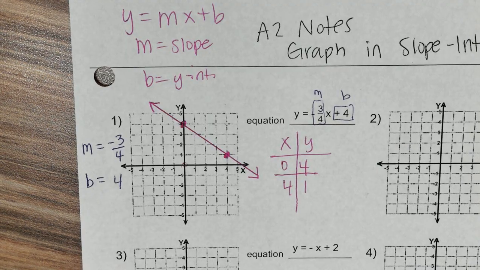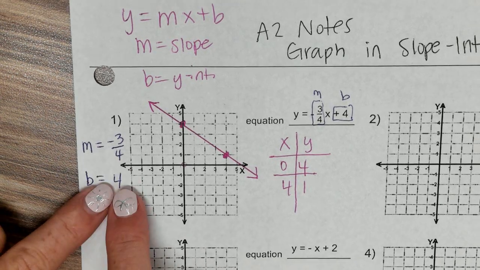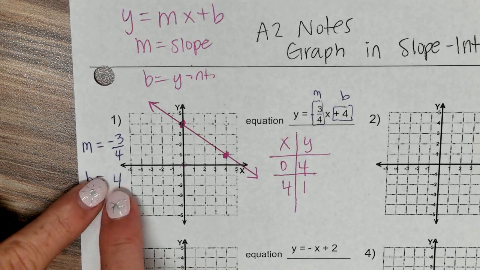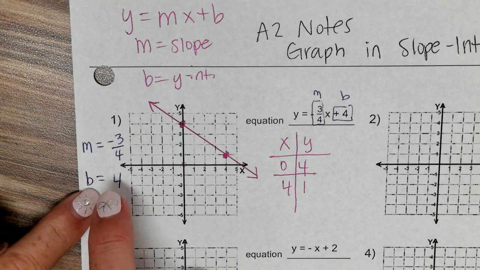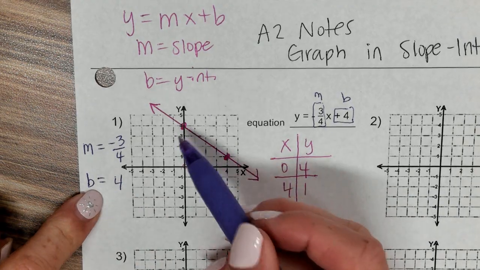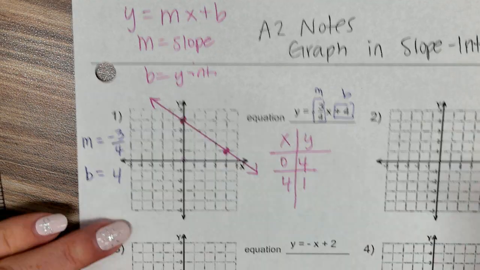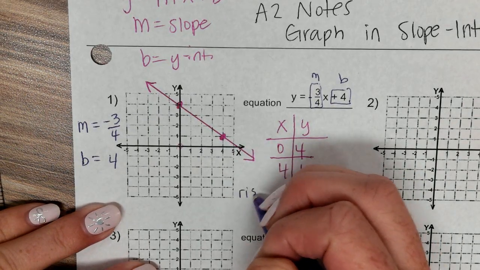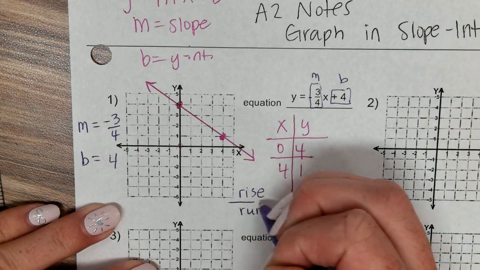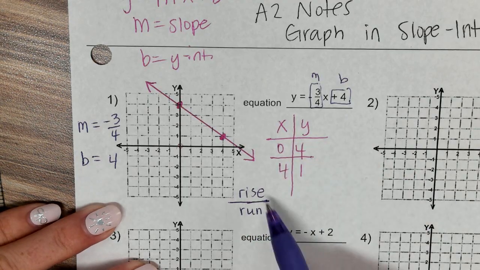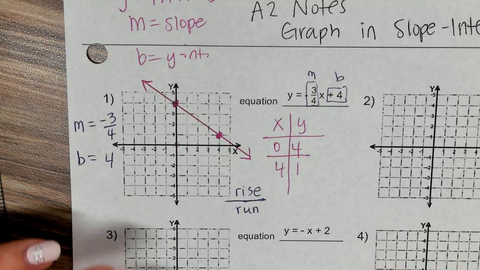If you would like to graph it using slope and y-intercept, you start with the y-intercept. So you go to the y-axis and put a dot on the, is that where our dot is? Yes. Then you will rise and run to get to your next dot. Write that down.